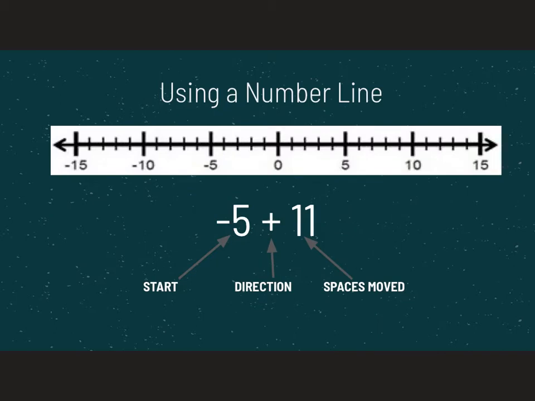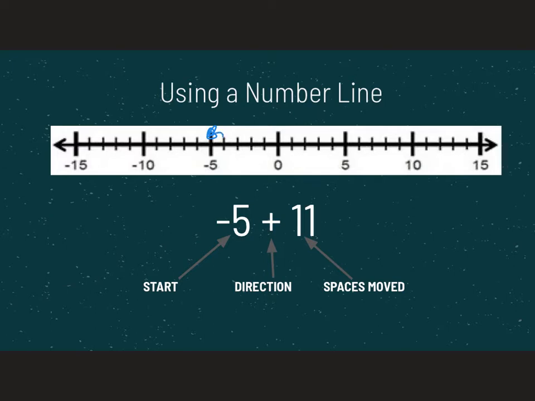I can also show you the same idea on a number line. If I start at -5, so here I am at -5, and I add 11, then that means I'm moving to the right, because I have a +11.